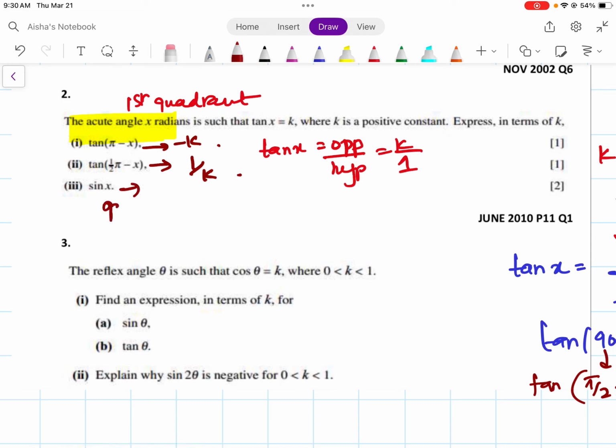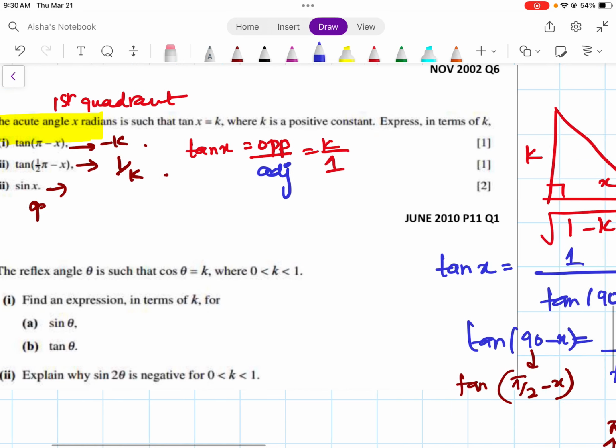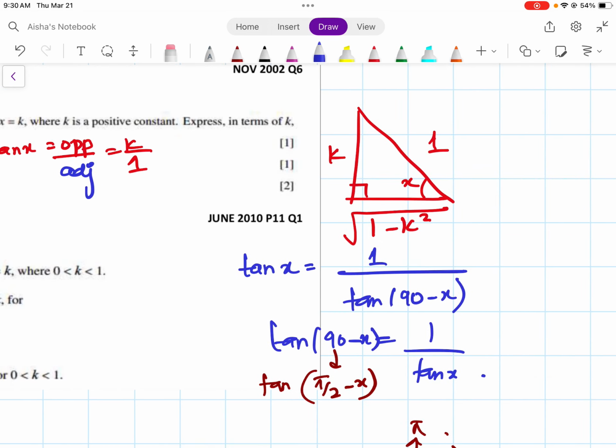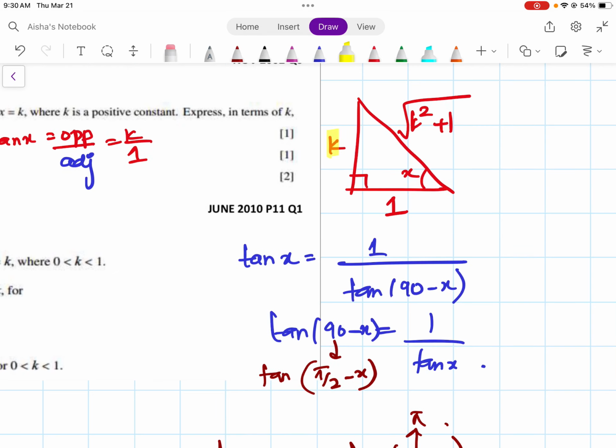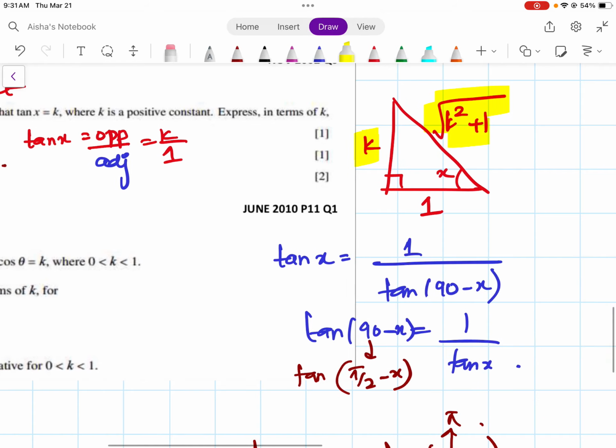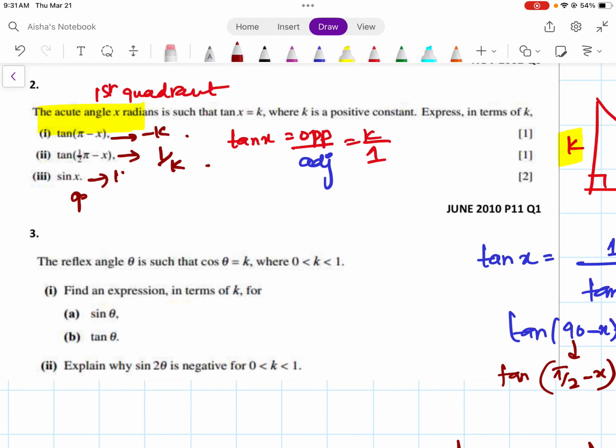Now for sine x, opposite upon, my bad again, this was opposite upon adjacent. So opposite is k, adjacent is 1. Find out the hypotenuse. Now sine is opposite upon hypotenuse, k upon root of k square plus 1.